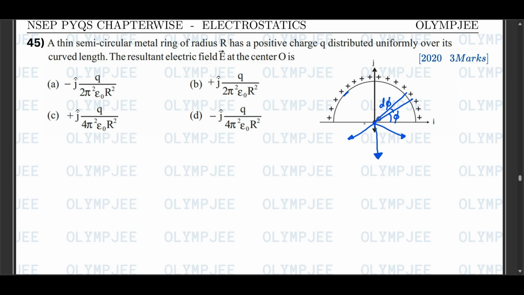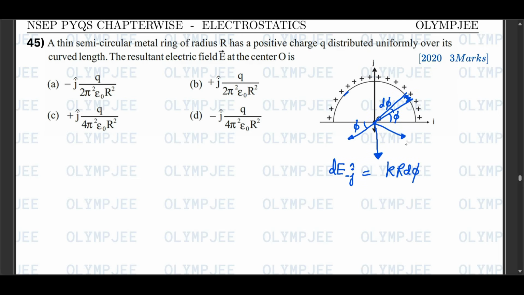So this is theta phi also. So let me write the field due to this element in this direction. It will be equal to dE in minus j direction is equal to k multiplied by the charge on this, which is r d phi, and the charge distributed is q over a length of pi r, because this is a semicircle.